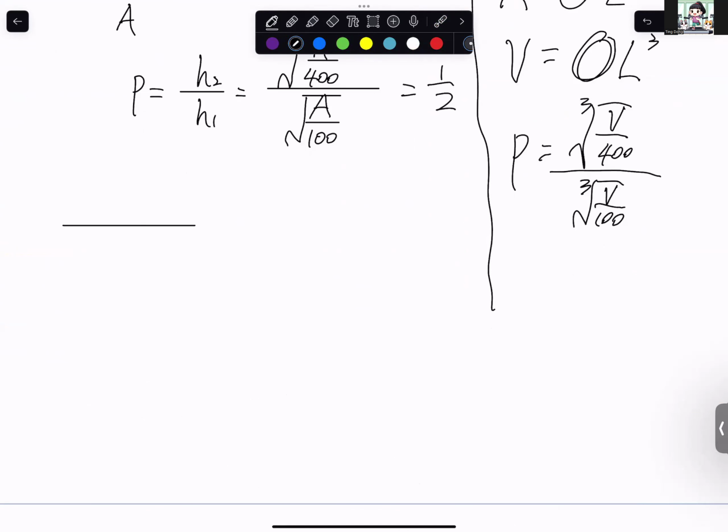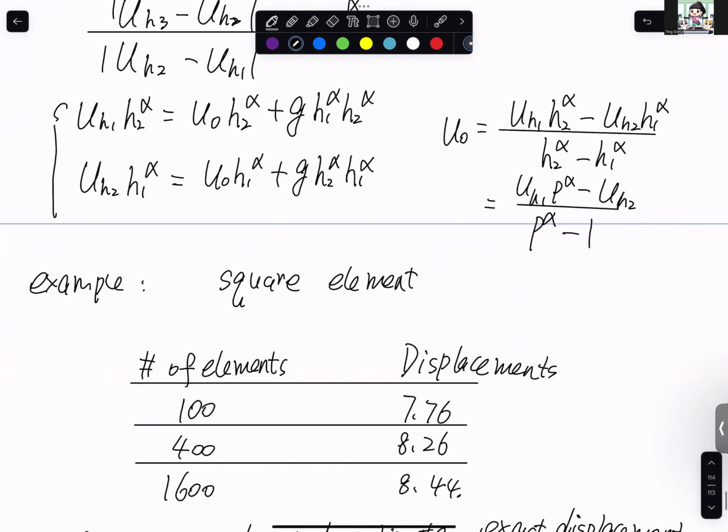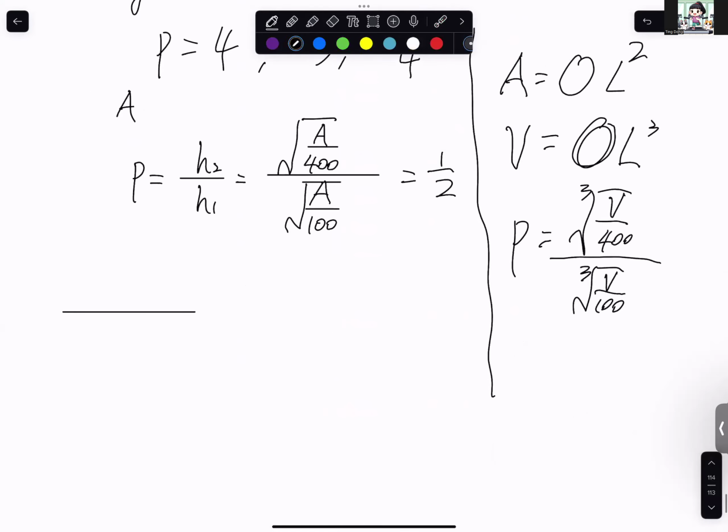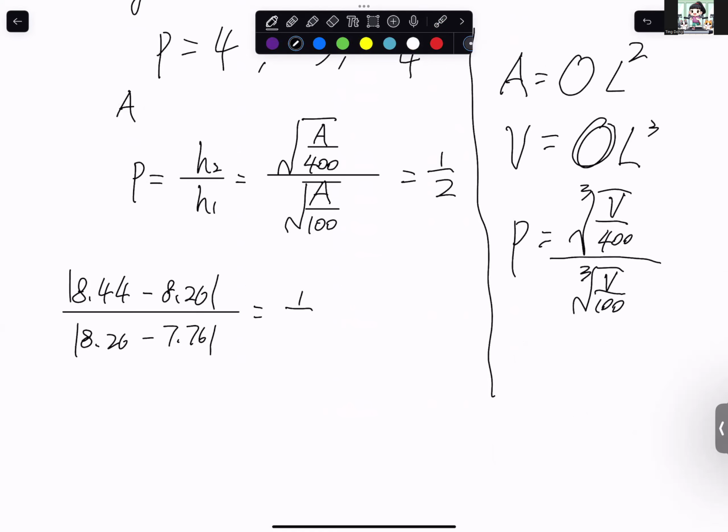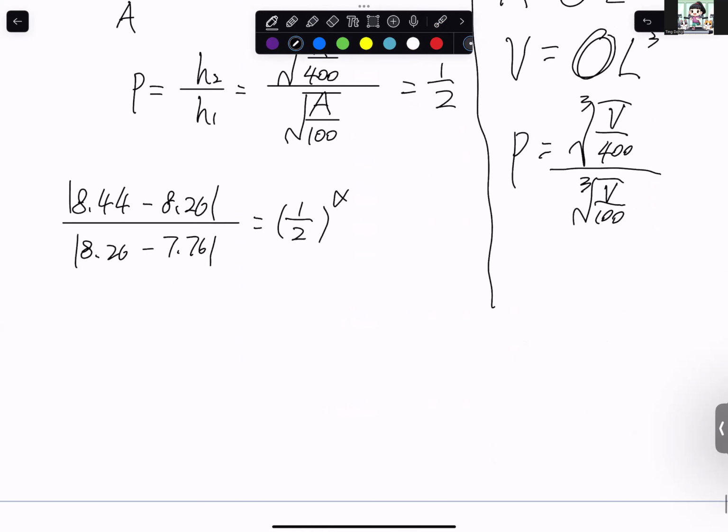So here UH3 minus UH2, and UH2 minus UH1. We already know the ratio P equals 1/2, and we can calculate alpha here equal to 1.47.